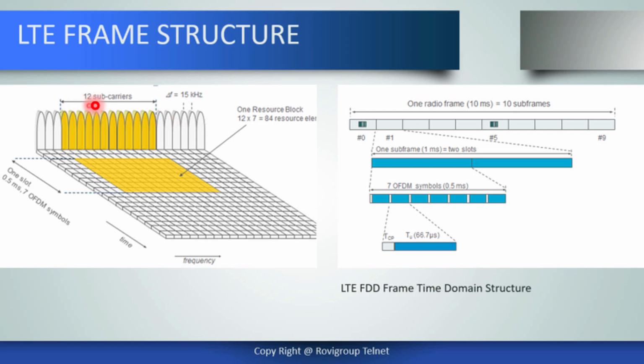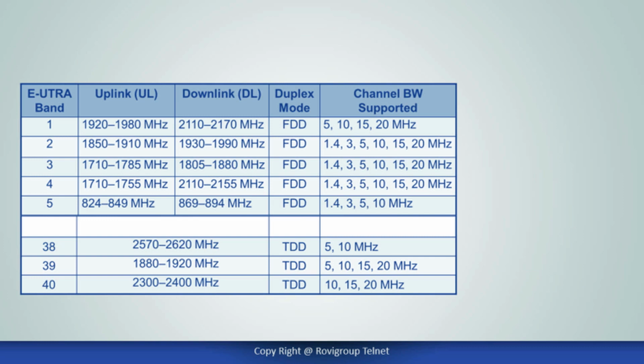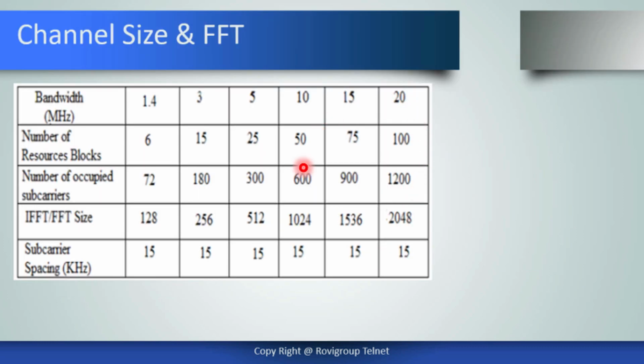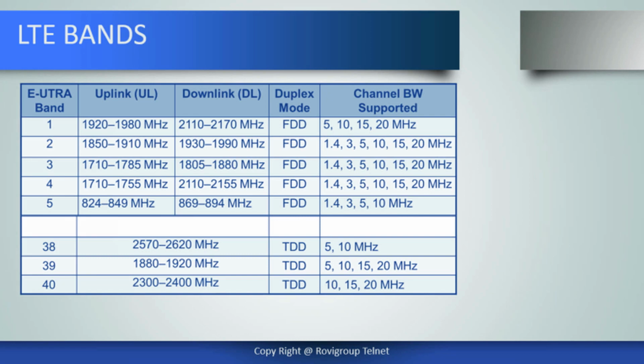When 12 subcarriers combine together for a duration of 0.5 millisecond, that is 7 OFDMA symbols, it forms one resource block. As discussed in the previous slide, you can see that if you have a channel bandwidth of 20 megahertz, you can have 100 resource blocks.